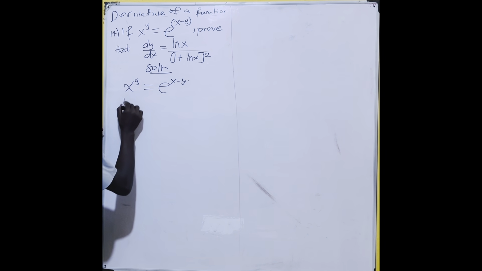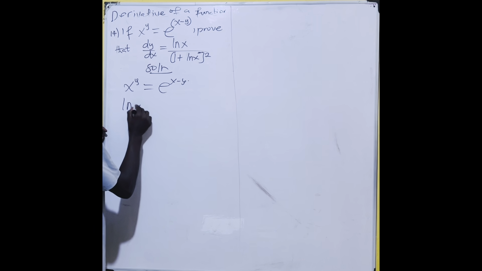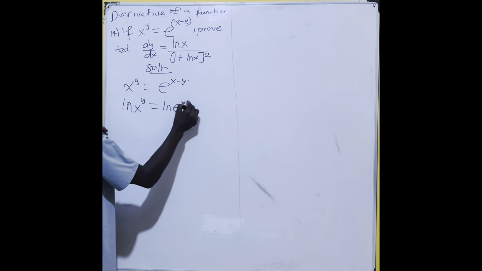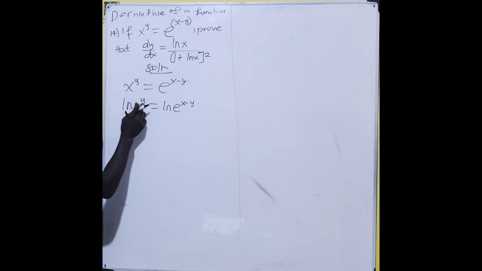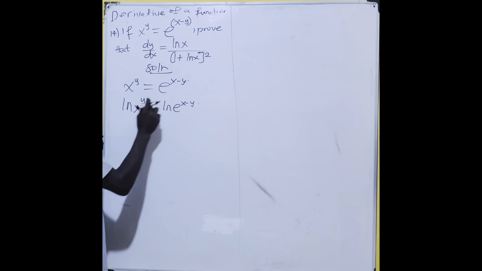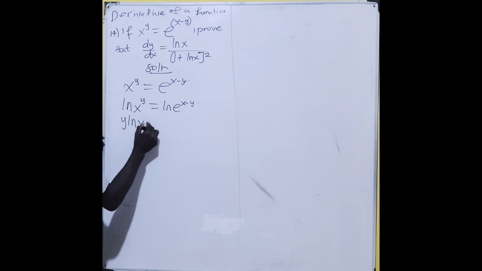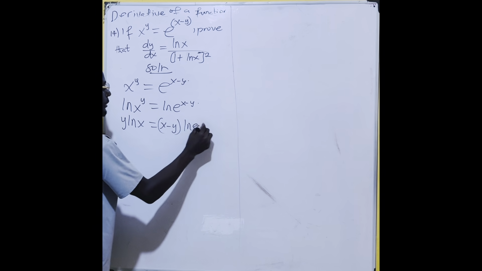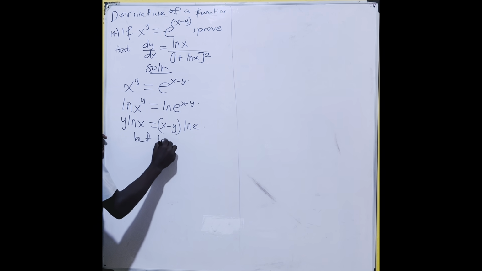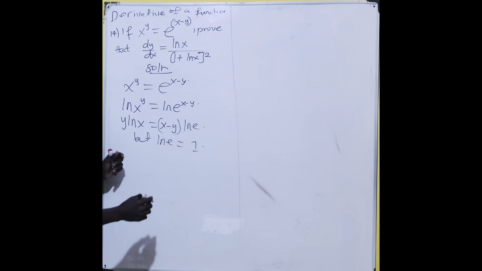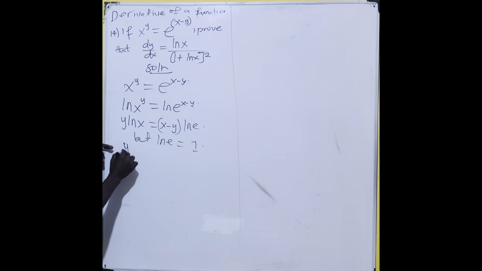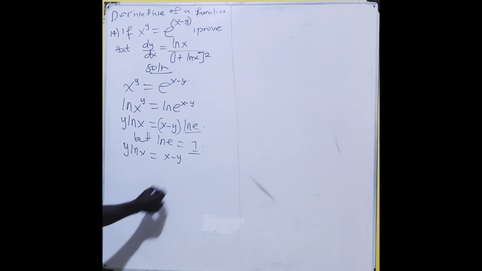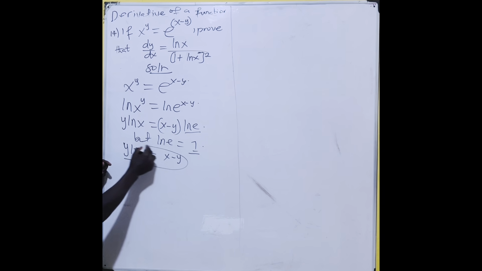So when we do that, then we have ln x to the y equals ln e to the x minus y, right? So this drops down and this also drops down. So we have y ln x equals x minus y ln e. But we know that ln e is 1. Okay, so it means that we are going to have y ln x equals x minus y, since this is 1. Okay, so this is what we have now.